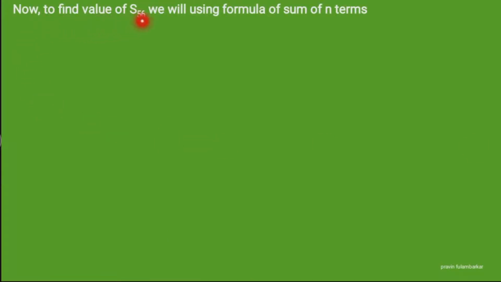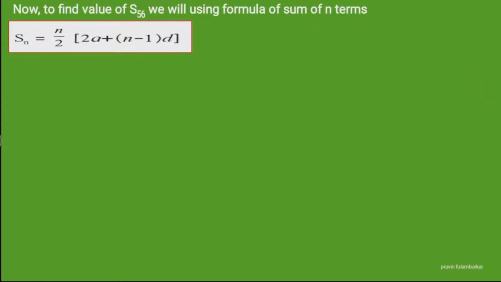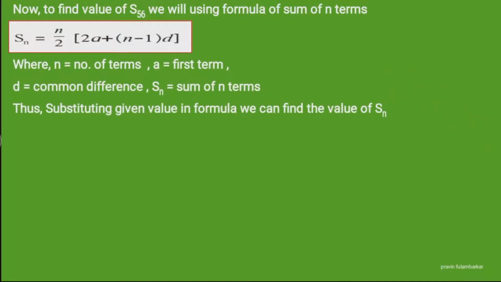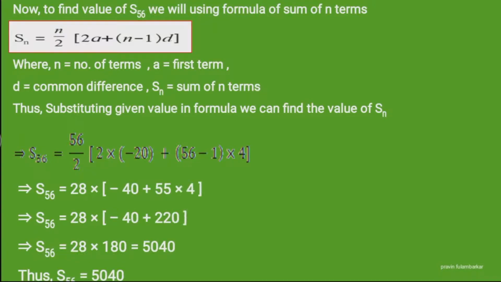So we have to find the sum of first 56 terms. To find the value of S56, we will use the formula for the sum of n terms, that is Sn equals n by 2 into twice A plus n minus 1 into D. So we substitute the value of n as 56, A as minus 20 and D, the common difference, as 4. 56 upon 2 we get 28. 2 into minus 20 we get minus 40. 56 minus 1 we get 55, and this 4 as it is. 55 fours are 220.